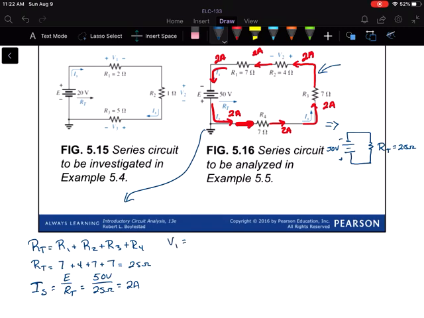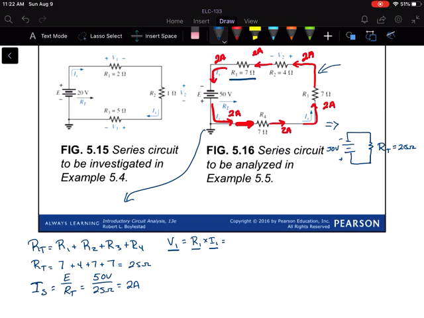So the voltage drop, I'm going to start with R1 here, would be R1 times I1 for any circuit. Remember that subscript notation is referring to the resistor we're talking about. So the voltage drop across resistor 1 is equal to the value of resistor 1 times the current through resistor 1.